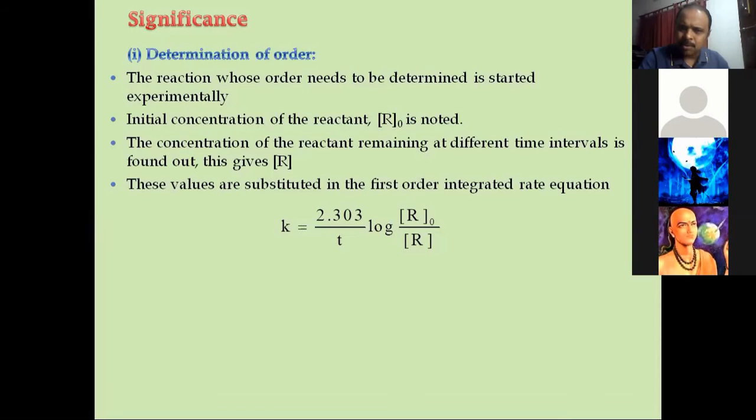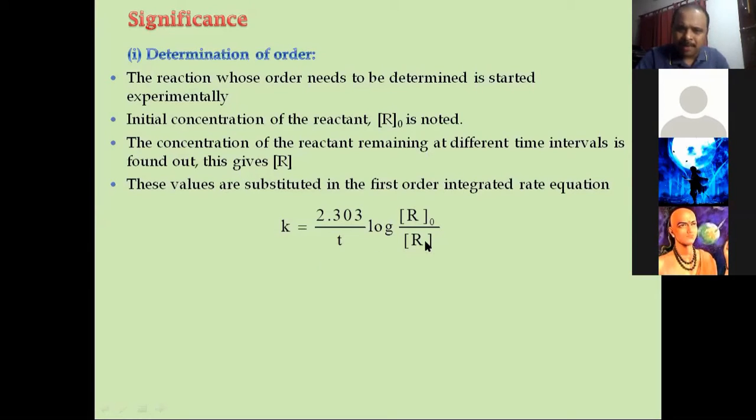K is equal to 2.303 by T log R naught by R: what does it mean? At different time intervals, when you substitute the initial concentration and the remaining concentration, this equation gives a constant value. That is what it means mathematically, correct? So we have carried out the reaction whose order has to be determined.